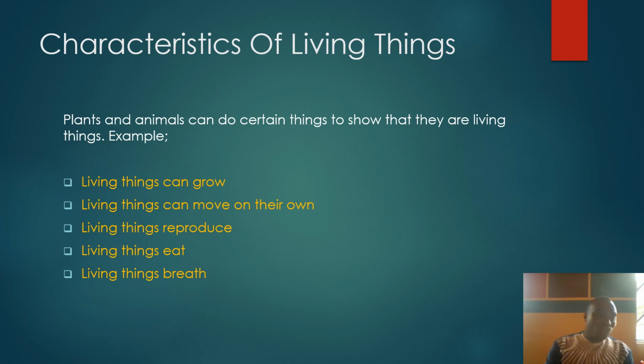Now, living things do breathe. All living things need air to survive. Animals and human beings have what we call lungs that help them to breathe. They breathe in oxygen and breathe out carbon dioxide.